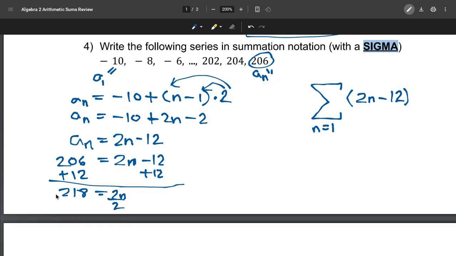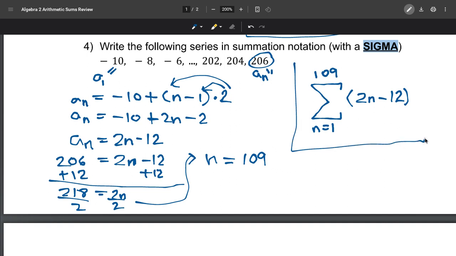Divide both sides by 2. And if we go over here, we get n is going to equal 109. So right up here, we'll write 109. And there we go. That's our arithmetic series written in summation notation.